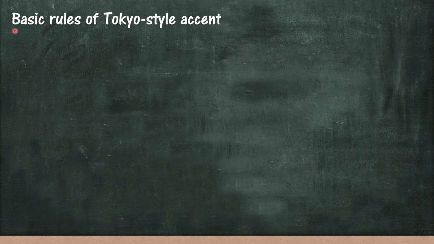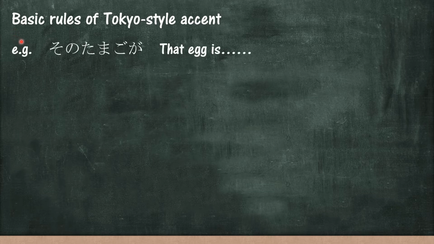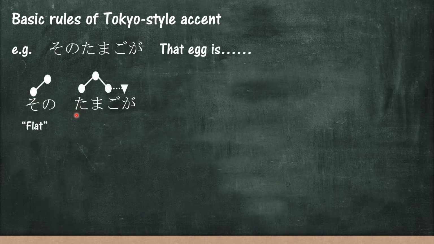Here I'd like to give a little supplementary explanation of rule number 1. Look at this phrase, その卵が. That egg is. So this phrase uses two words. その, flat type. 卵が, middle high. So let's pronounce the words one after the other. I'll say it in two patterns.